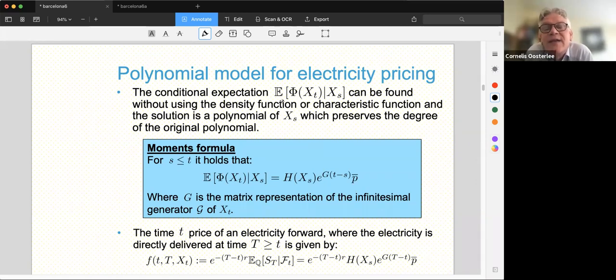So in the polynomial model for electricity prices, the conditional expectation of phi of x_t given x_s can be found without a density function or without a characteristic function. The solution is a polynomial of x, which preserves the degree of the original polynomial.